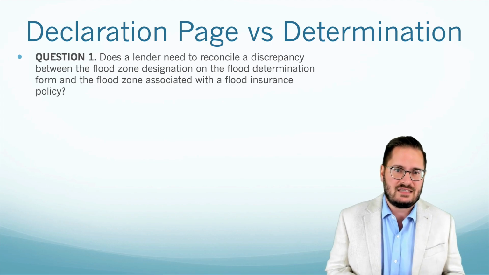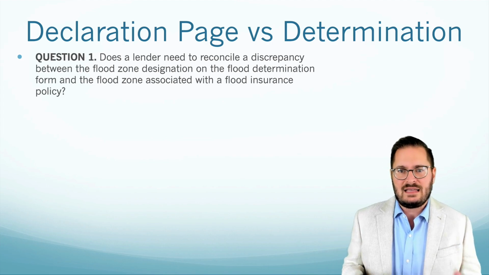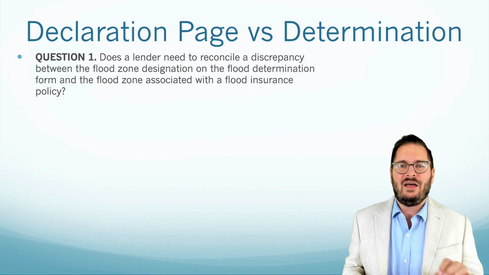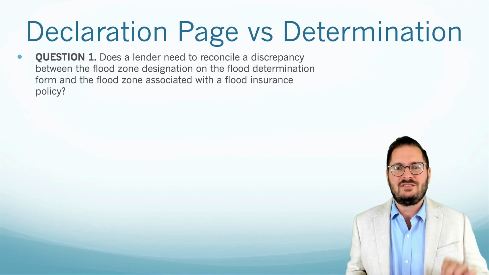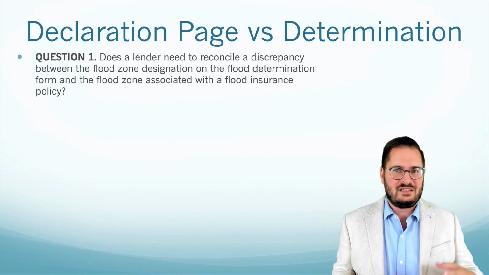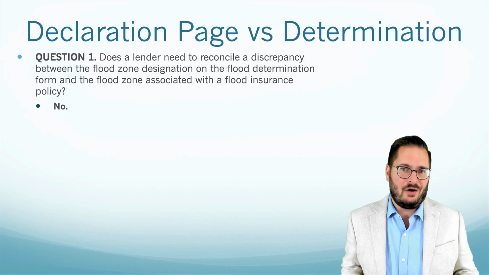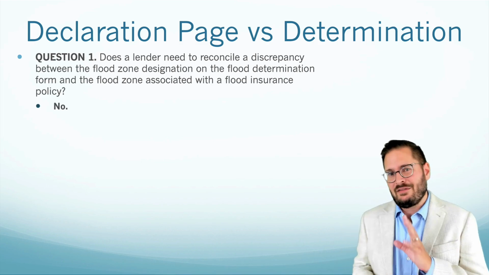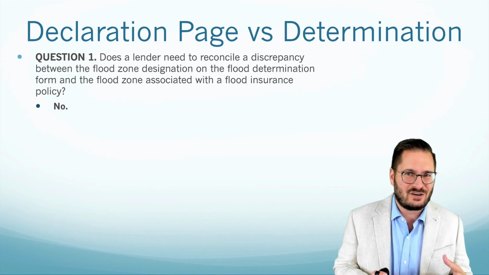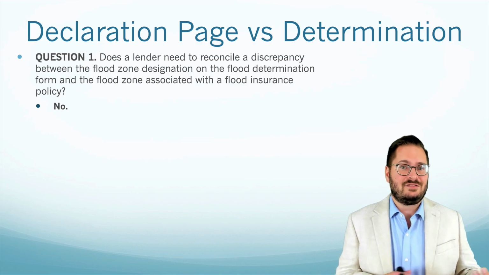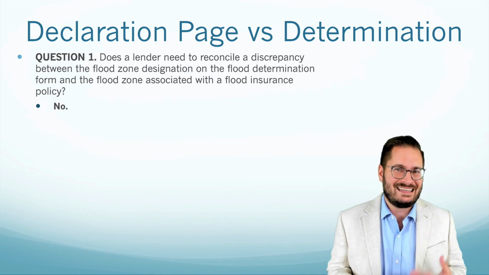This question asks, does a lender need to reconcile a discrepancy between the flood zone designation on the flood determination form and the flood zone associated with the flood insurance policy, such as what's located on the declaration page? And the answer here is no. I'm abbreviating here on this slide, but they say in the answer that you can note it, but you don't have to resolve it and you don't have to take any other action.